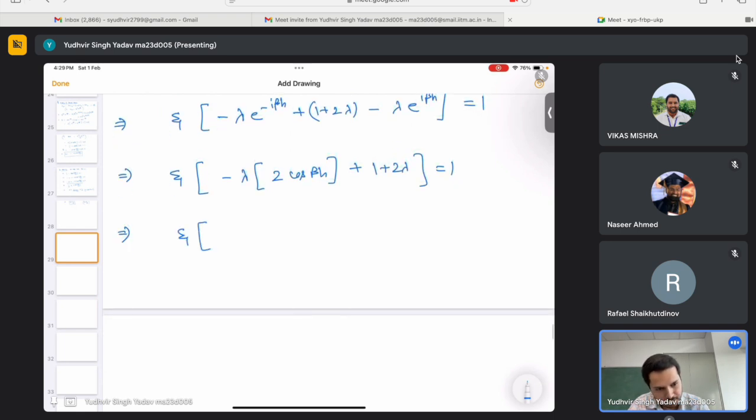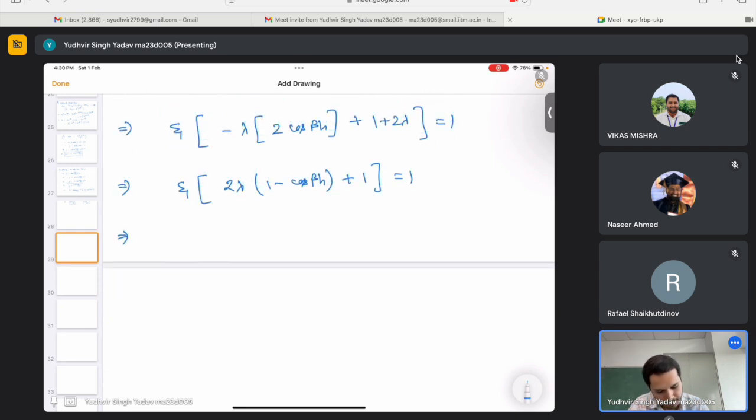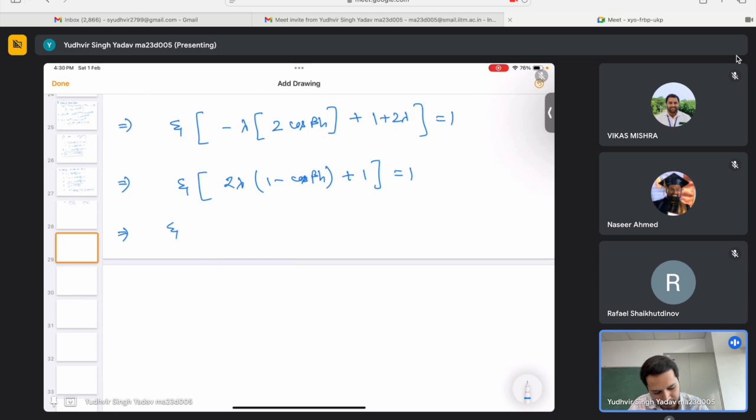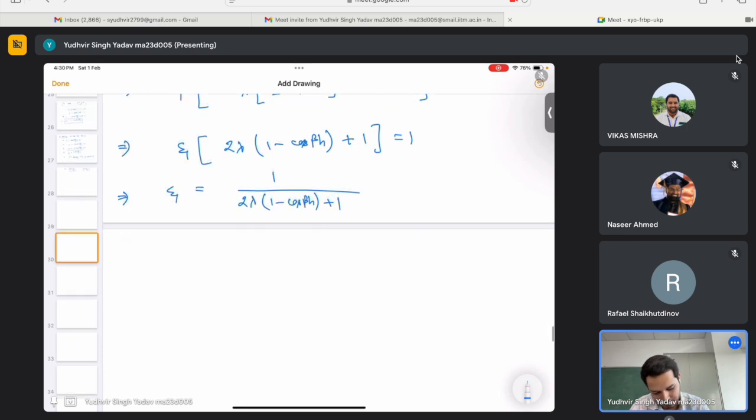So this is xi times twice lambda times 1 minus cos beta h plus 1 equals 1. Now you can write xi as 1 divided by 2 lambda times 1 minus cos beta h plus 1.